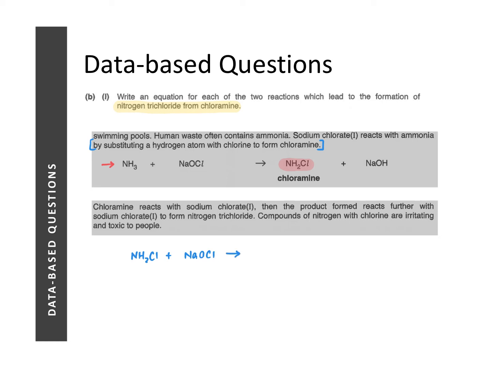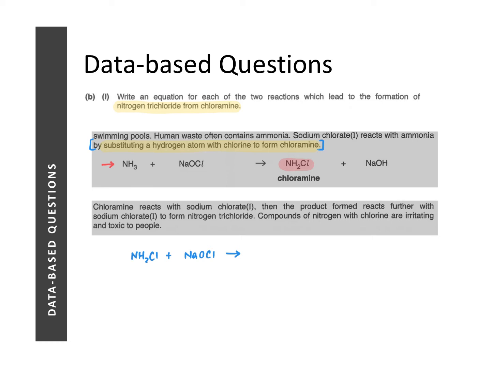So how would the reaction take place? Once again, it is the same type of compounds undergoing reaction, so we would expect the pattern of the reaction to be the same, meaning this is the all important line: substitute a hydrogen atom on your ammonia or ammonia-like compounds with chlorine from your sodium hypochlorite.